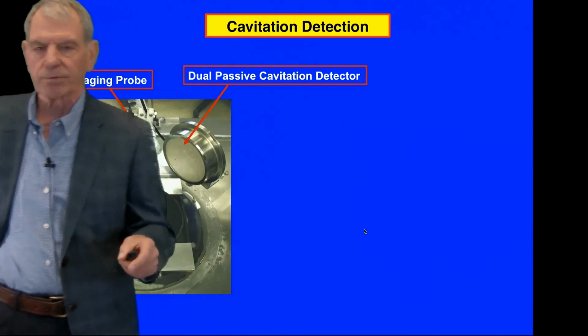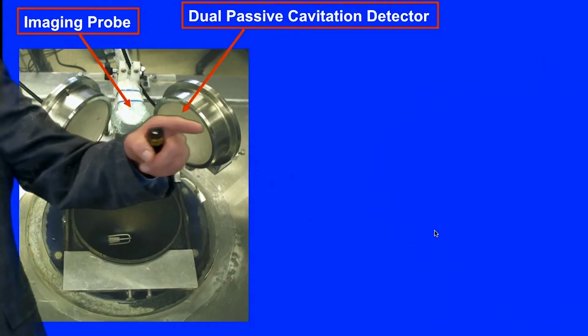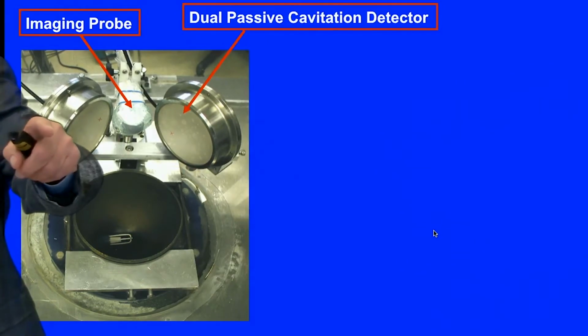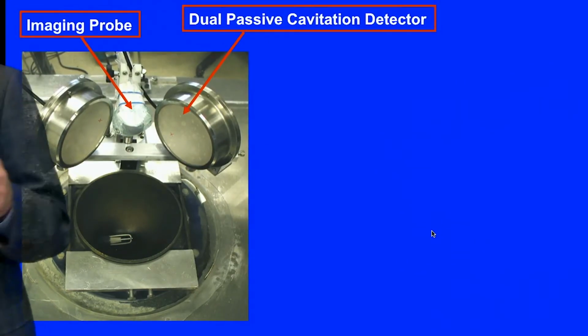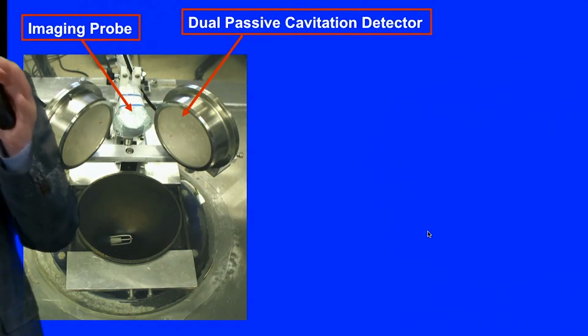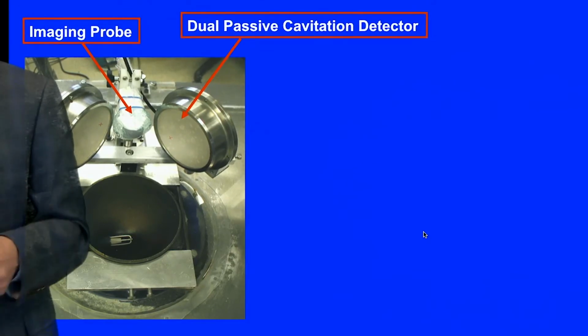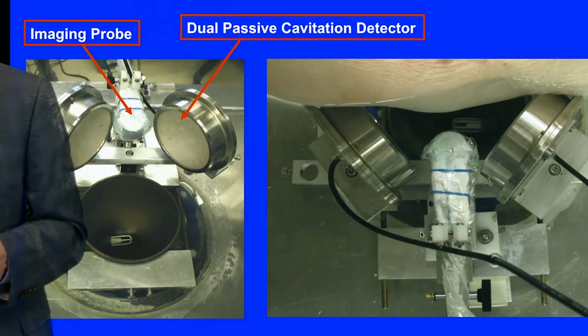Here is an example of a passive cavitation detector in the sense that we have two transducers, focused transducers, that are focused at a particular point, and they are listening, so to speak, for the cavitation produced in a particular system.